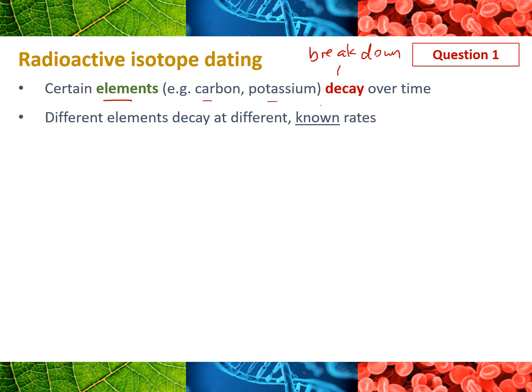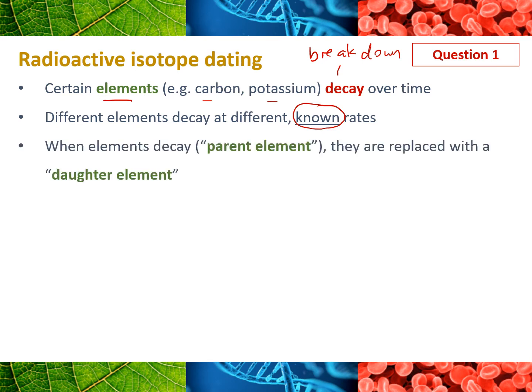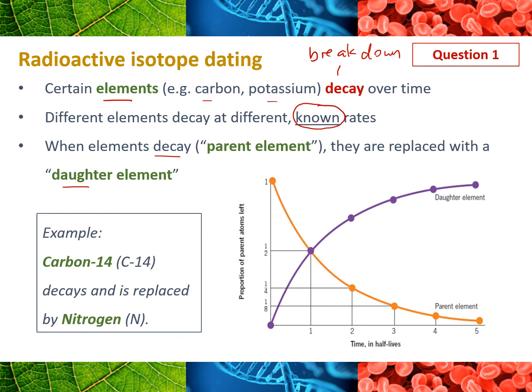And a really important thing here is that scientists know what these rates are. The rate can be measured and carbon will always decay at the same rate. Potassium will always decay at the same rate. When elements decay, the original element we call the parent element, they are replaced with a daughter element. So they don't decay and just leave space, they turn into something else.